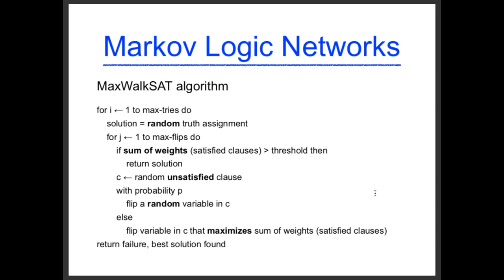So it's necessary to also have a random component because it can be proven that the algorithm can get stuck in local minima. So randomness is a way to escape these local minima.